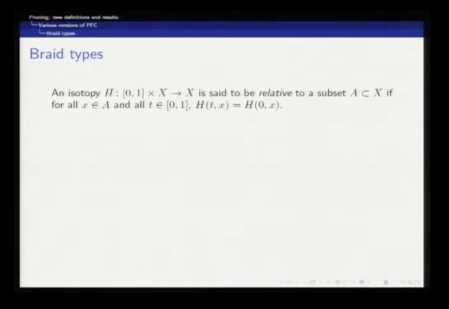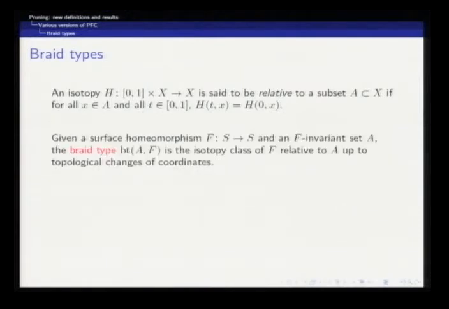Stay put meaning that along the isotopy, the point x goes exactly as it goes at instant 0, right? So you have an isotopy, which is some family of maps, and it is relative to a set A if what it does to the point x does not change along the isotopy. Okay, so that's what being relative is.